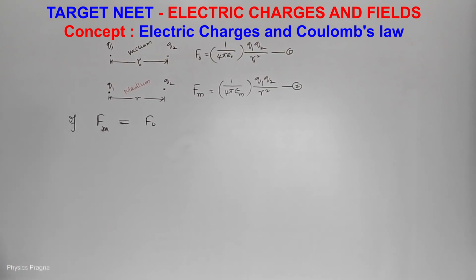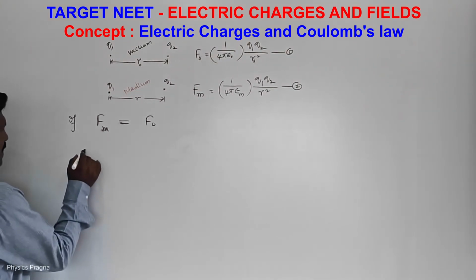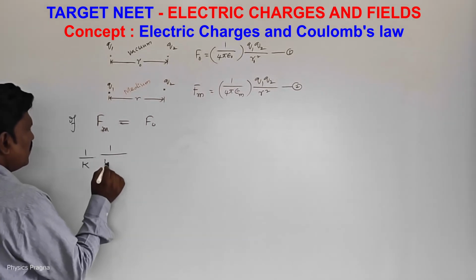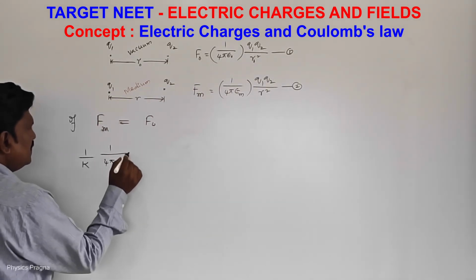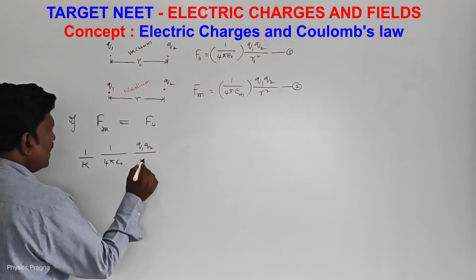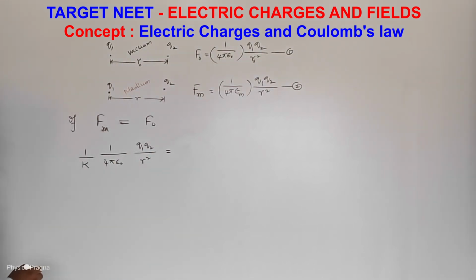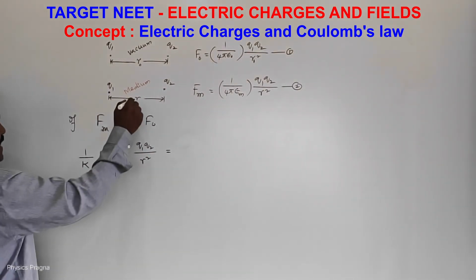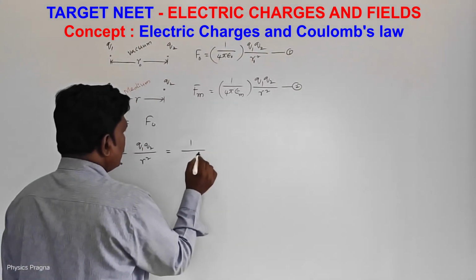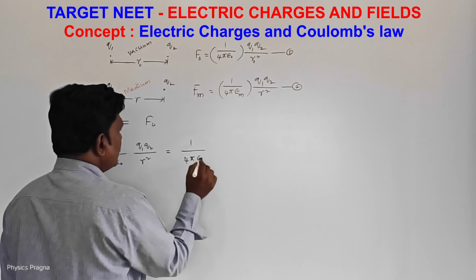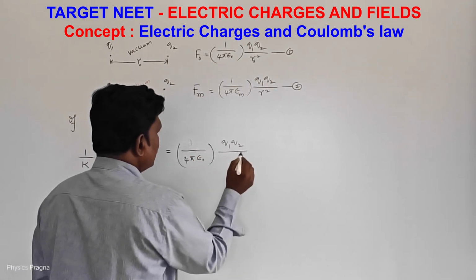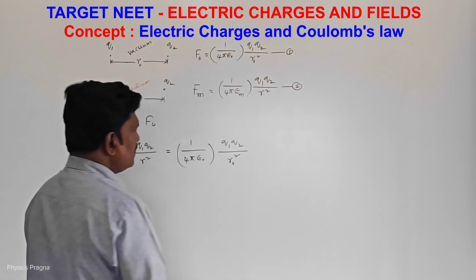I will write the formula for Fm like this: 1 by k, 1 by 4 pi epsilon naught q1 q2 by r square. That is equal to, because this r is different, the F naught formula, I will write 1 by 4 pi epsilon naught q1 q2 by r naught square.